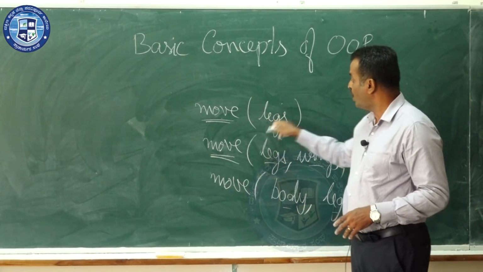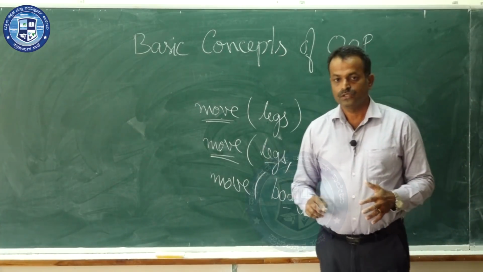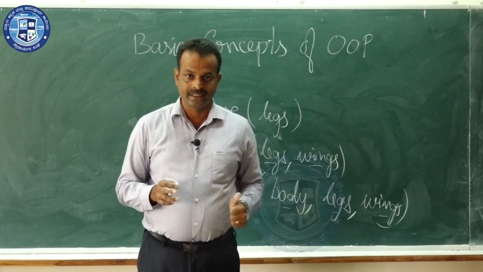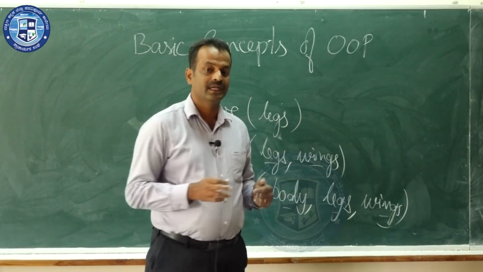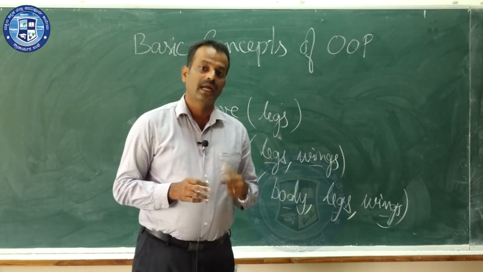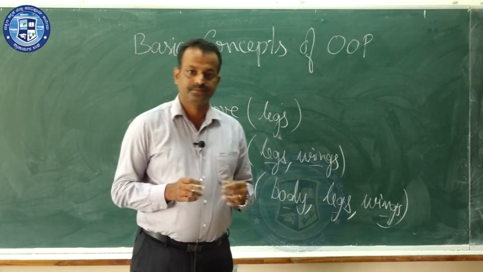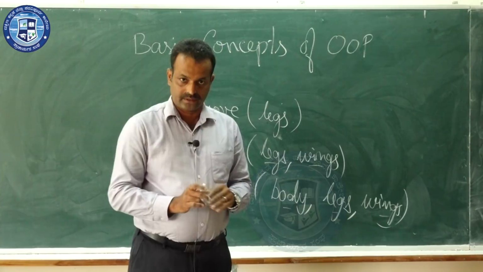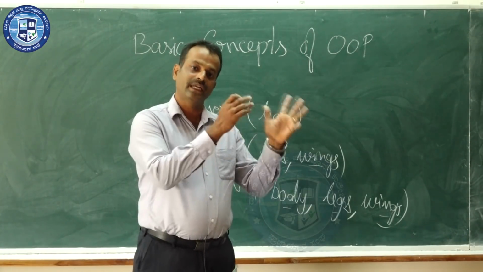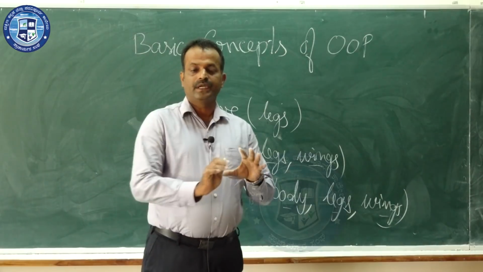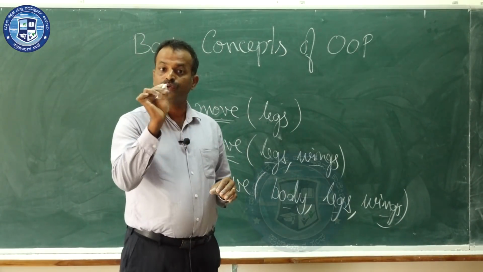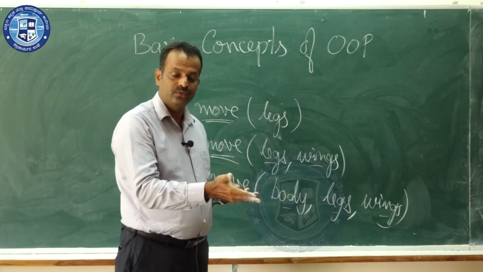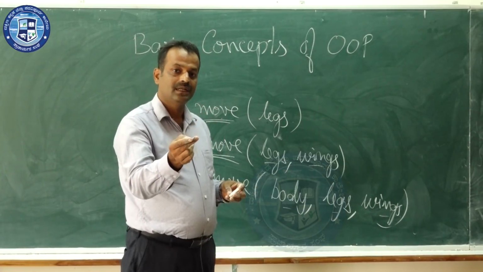Assume that I am declaring three objects. One is man, the second one is sparrow, and the third one is duck. Man, sparrow and duck are all objects of the type animal. When I say man dot move of legs, I am just passing the legs.